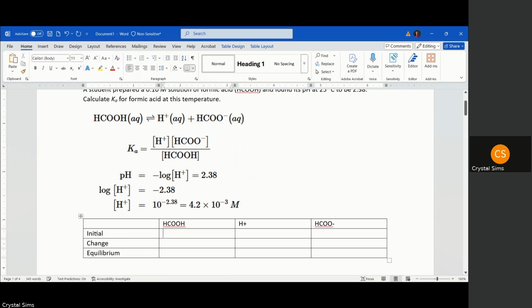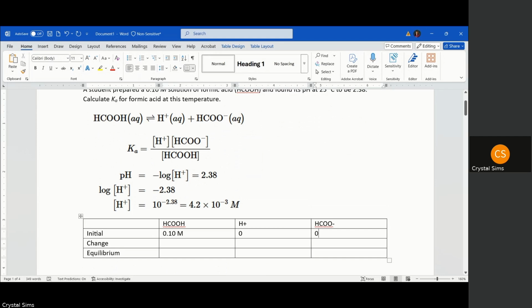so from our problem, we know our initial concentration is 0.10 molar, right? And we know that we haven't started yet, so our initial concentration of the hydrogen ion and the formate ion have to be 0.